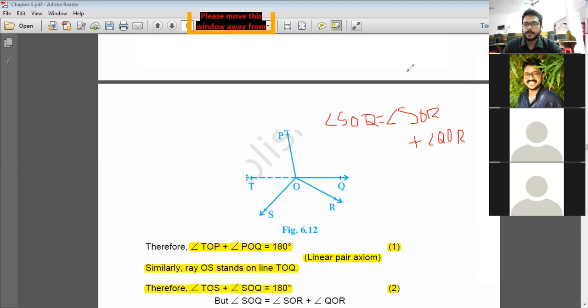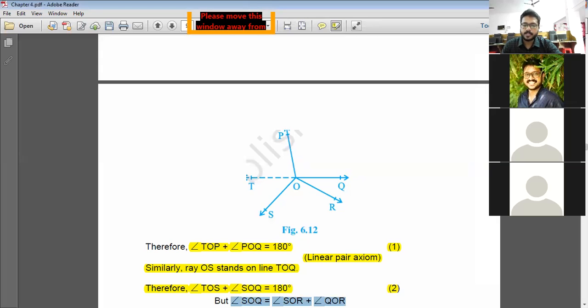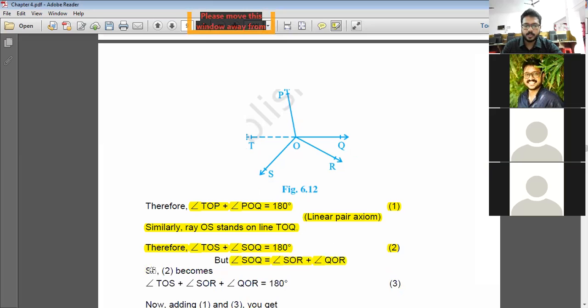So instead of angle SOQ, we can write angle SOR plus angle QOR and substitute it in equation 2. So equation 2 becomes angle TOS plus angle SOR plus angle QOR is equal to 180, and we are calling this equation 3. Clear?